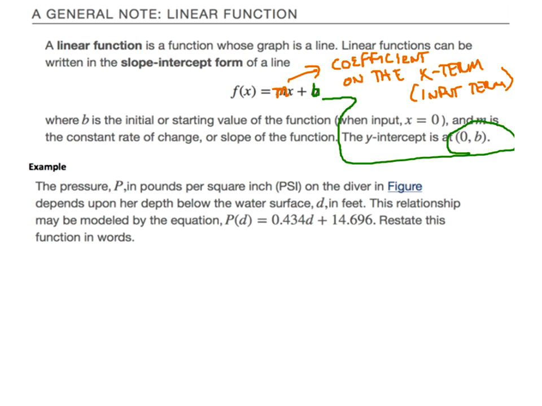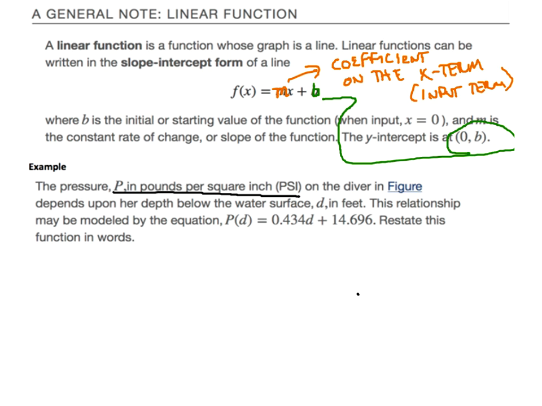Okay, so the pressure P in pounds per square inch, which is PSI, that's how your tires are measured, I know that. On the diver in the figure, and I didn't include the picture because it was full color and I didn't want you to have to print out a full color picture when you print the notes out. So, it depends upon her depth below the water surface.